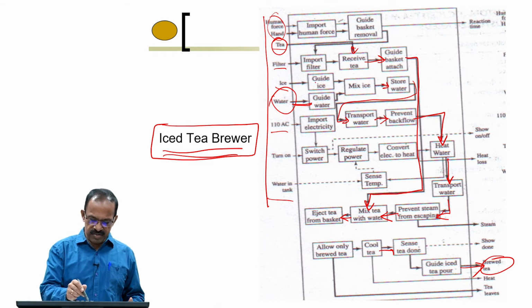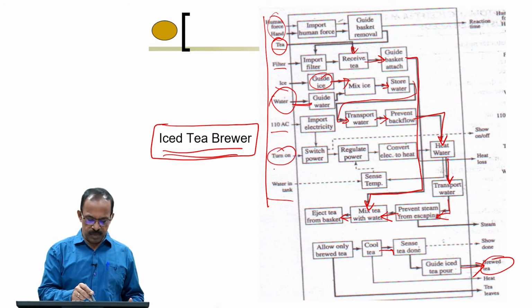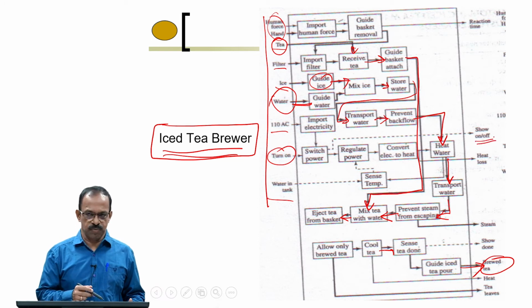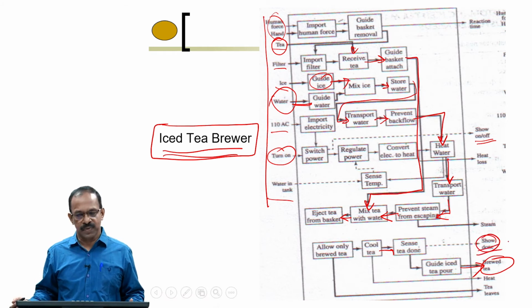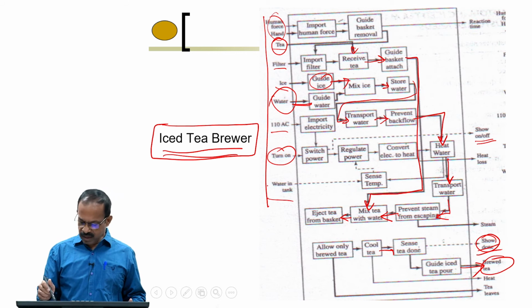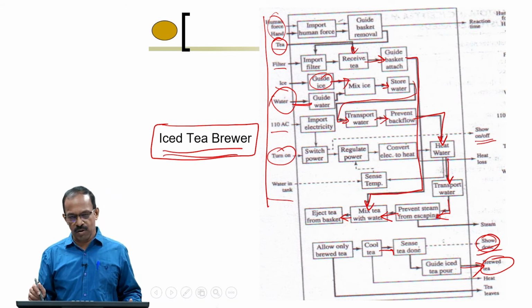Similarly for ice, guide ice and mix ice. And this is the signal path, or the information. Turn on switch power and it will show on or off; that is information going out. And whether tea is prepared or not is also information going out. So you can see some information coming in and some going out.